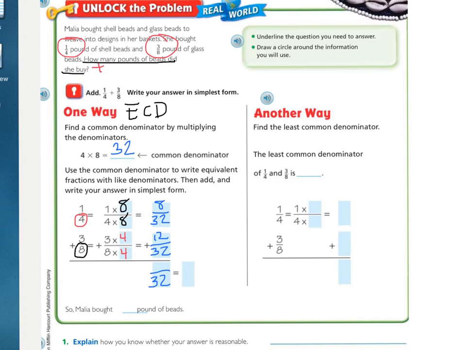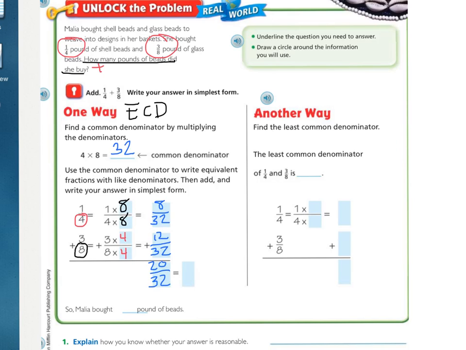And then we need to add our numerators, 8 and 12. Well, 8 plus 12 equals 20. These are both even numbers, so they have 2 in common for sure, but do they have any other numbers in common, any other factors that are the same? They have 4 in common.